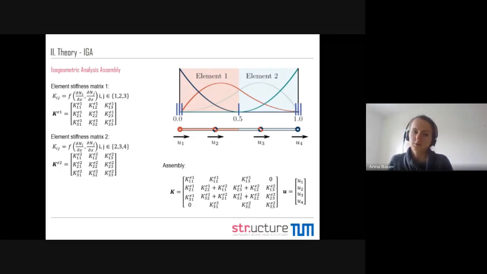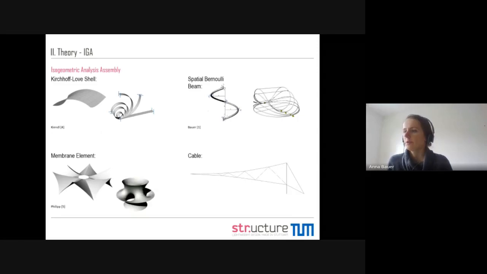And then get the deformations or stresses, whatever you would like to compute. Having this general approach, you can define arbitrary structural elements. And we at the chair have developed quite a lot in the isogeometric field. So there was a shell, and they are all also implemented in Kiwi: the Kirchhoff-Love shell, a membrane element, and then a spatial beam and cable elements.